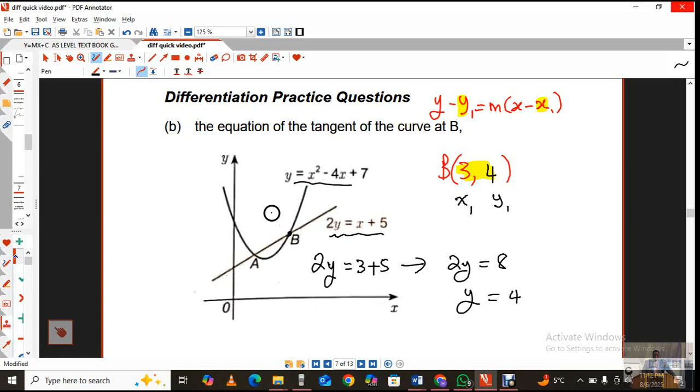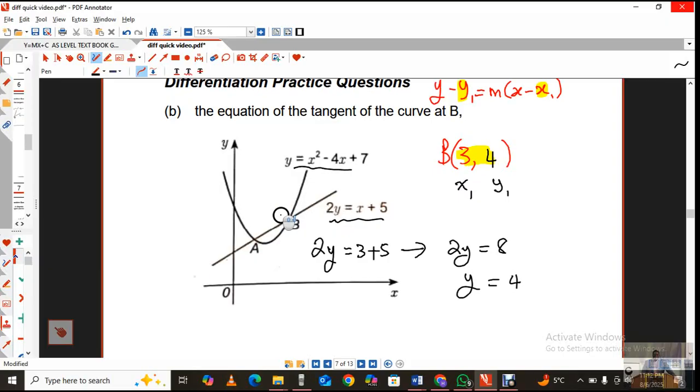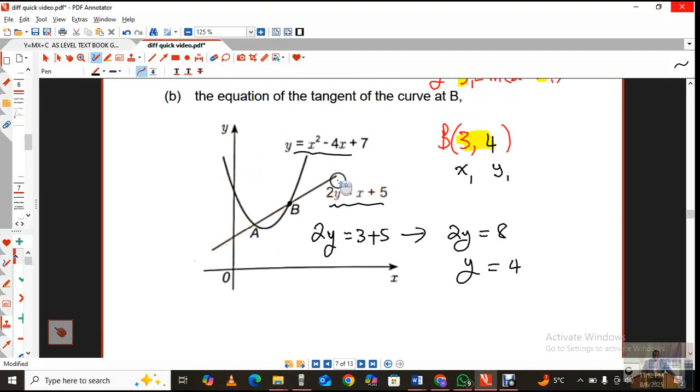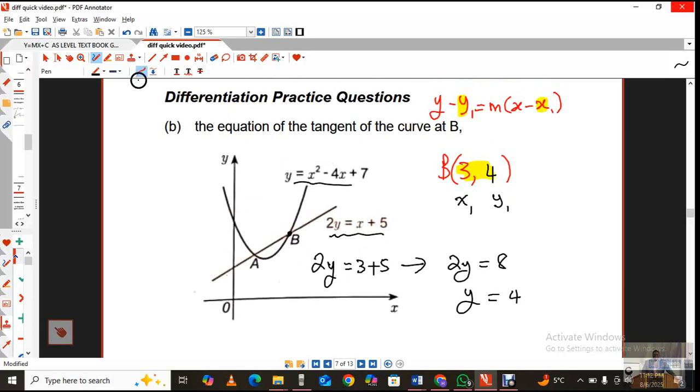But here's the thing. Is it entirely necessary for you to do that? Because we say find the equation of the tangent at B. The equation of a tangent is going to be a line that comes like so, right?